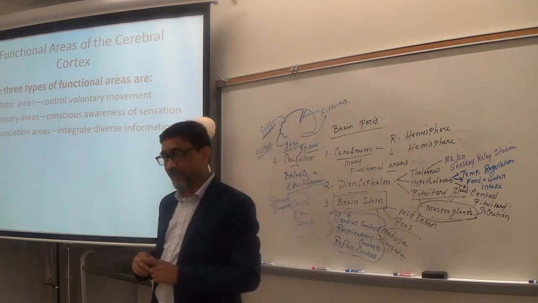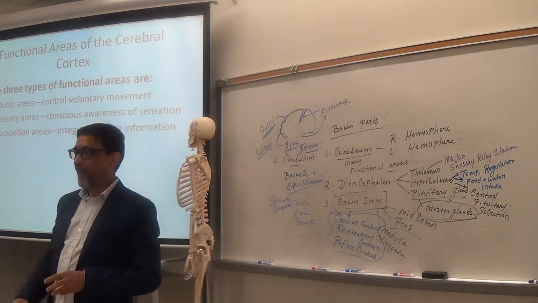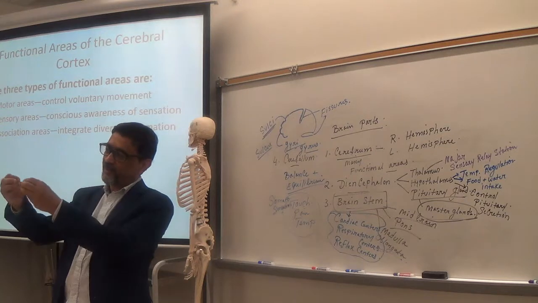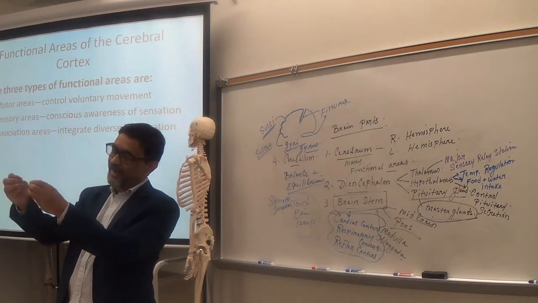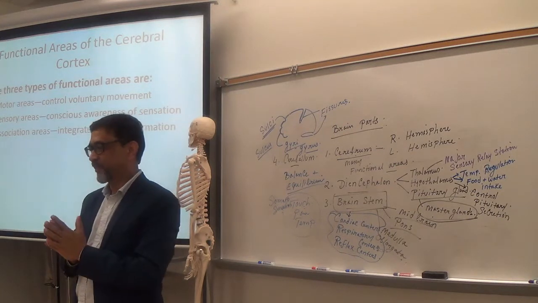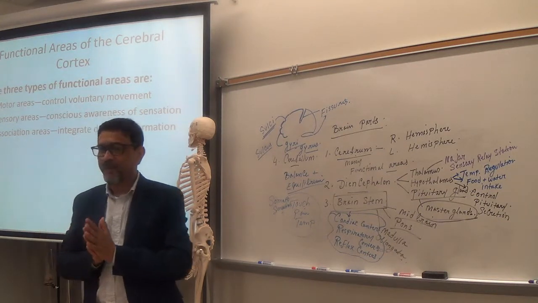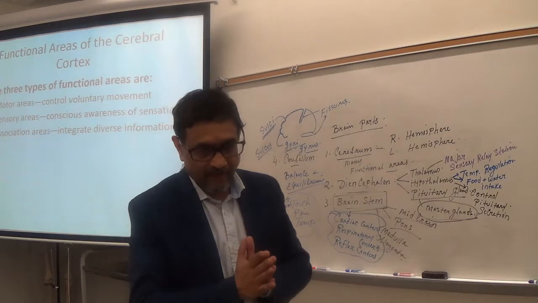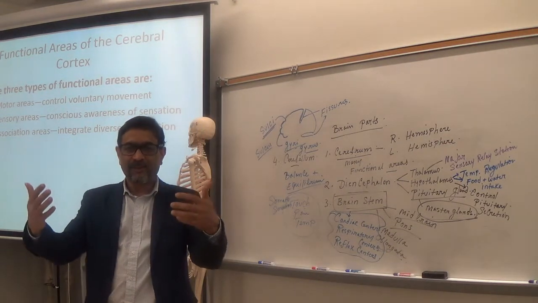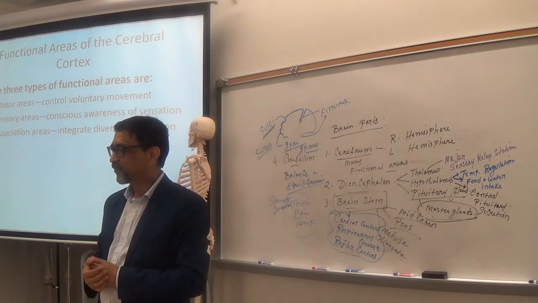These areas are very important because the word association means association areas combine two or more areas. So, let me give you an example. I am talking, right? You are doing what?